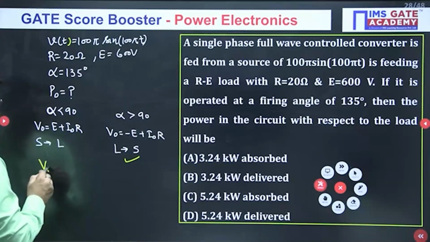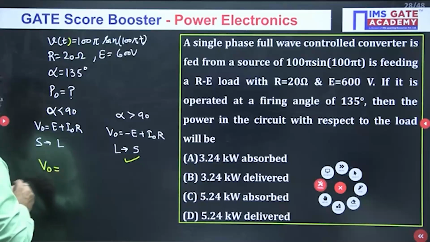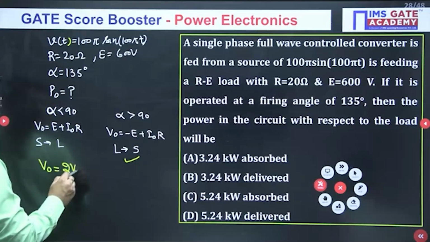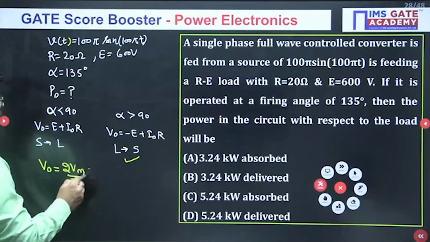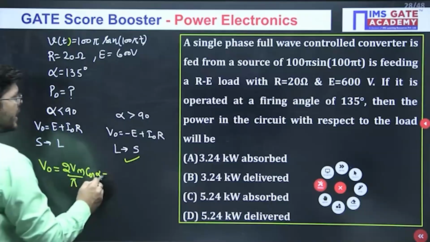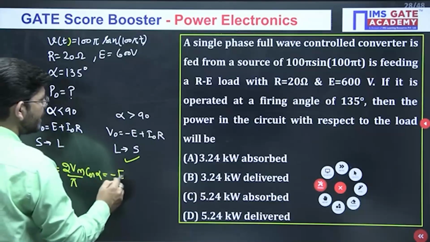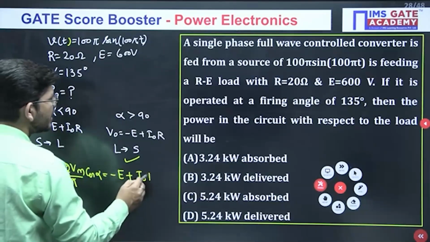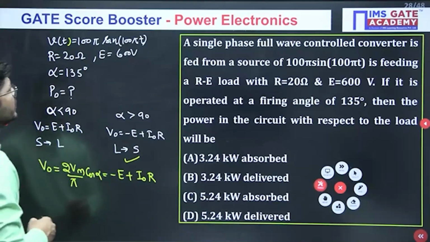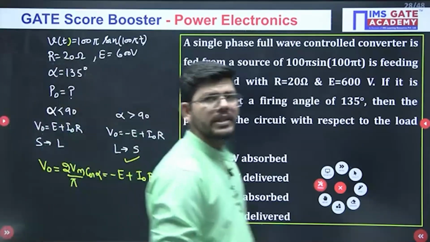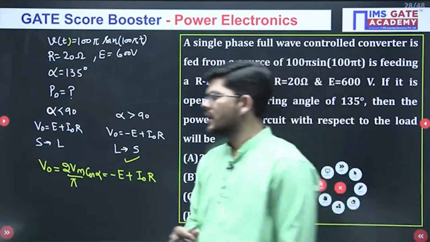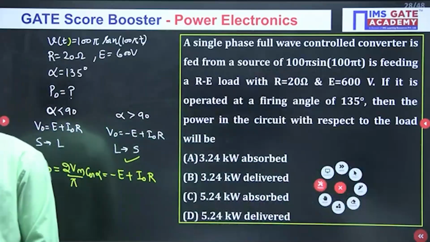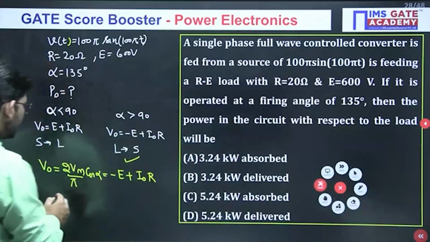First of all, what will be the V naught value? You know the formula is 2Vm by pi cos alpha, and we will be applying V equals minus E plus I naught R here. When you do that, you will calculate the value of current. We have all the values given here.